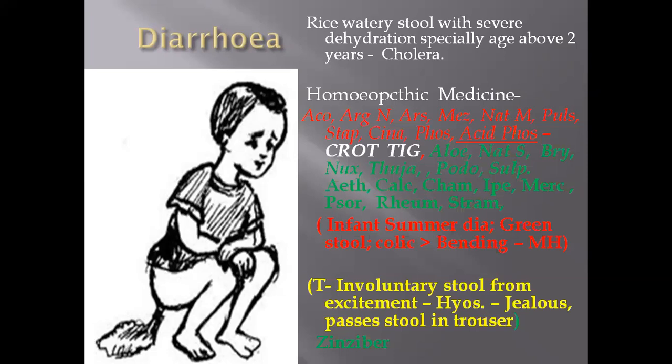But I would suggest that for your early practice life, for gaining your confidence, please never forget the names of Aloe socotrina, Natrum mur, Bryonia, Nux vomica, Thuja, Podophyllum, Sulfur, and another medicine, Acid phos. It is my personal experience as a teacher and as a practitioner.